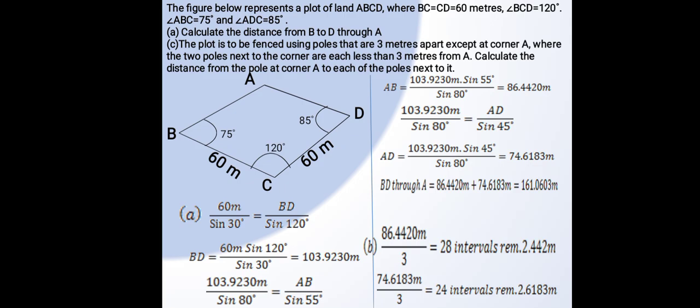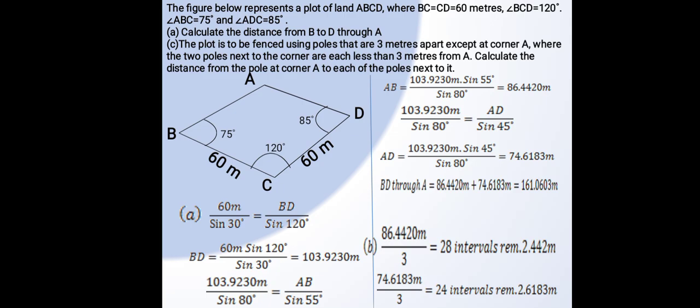86.4420 meters. Now, AD is gotten by taking 103.9230 meters sine 45 all over sine 80, and we get it to be 74.6183 meters. Now we add AB and AD.